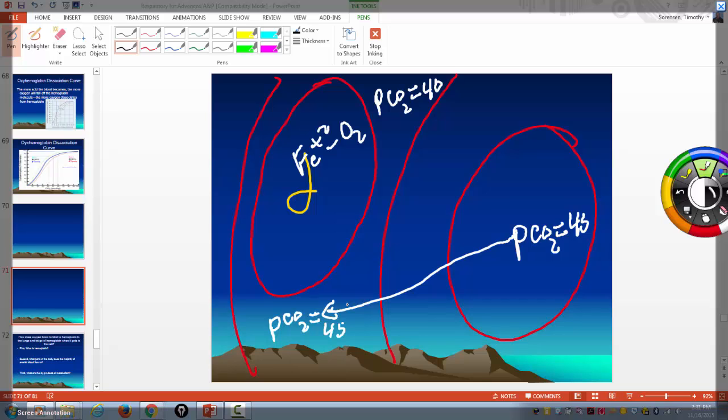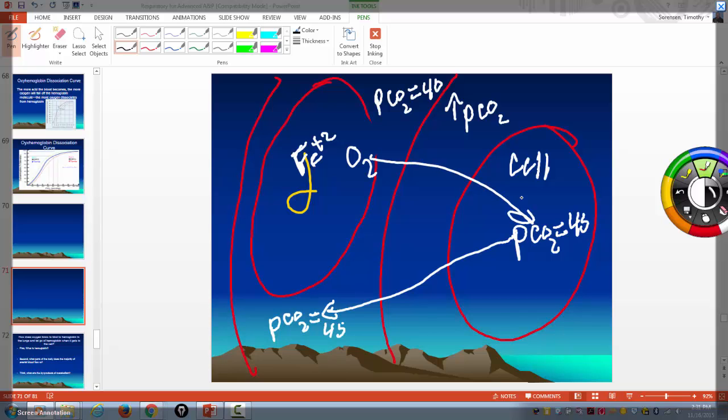So, watch. Better write this down. High PCO2. Where do you have high PCO2? At the level of the cell and the systemic capillary. High PCO2 causes oxygen to fall off the iron on hemoglobin and go into the cell and sit at the end of the electron transport chain. Where do you have high PCO2?